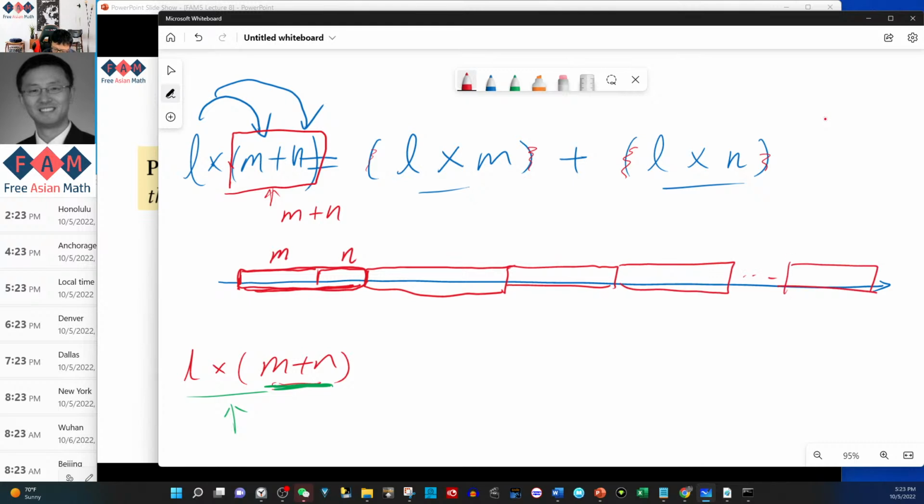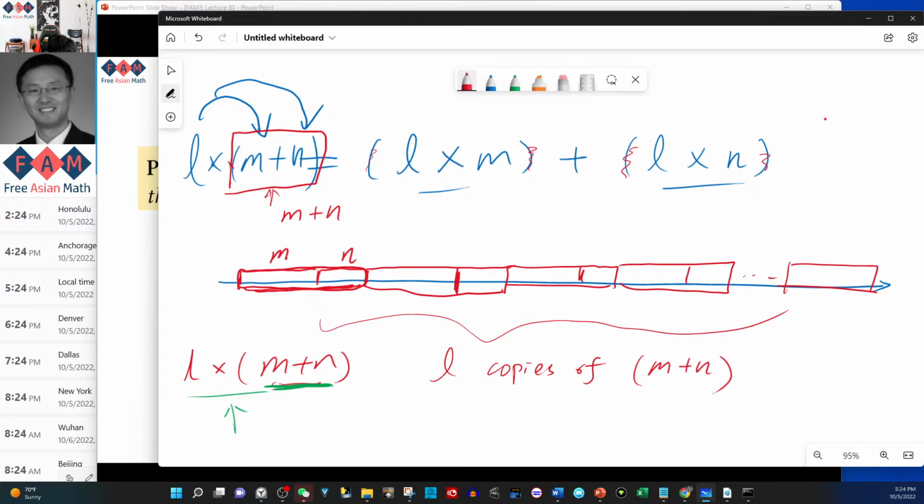You get L copies of m plus n. But each copy can be considered m plus n.